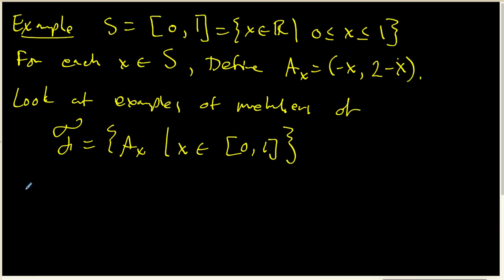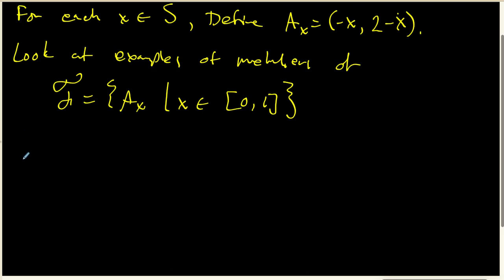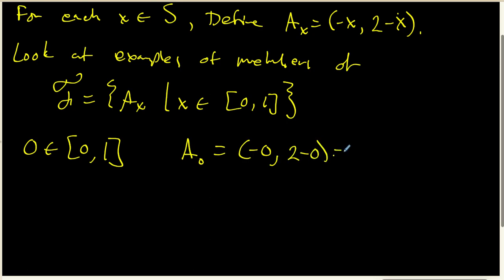Well, I'm simply going to pick different elements of S and look at their corresponding sets. 0 is inside this interval, and A sub 0 would be the interval between minus 0 and 2 minus 0, so that would be the open interval between 0 and 2.